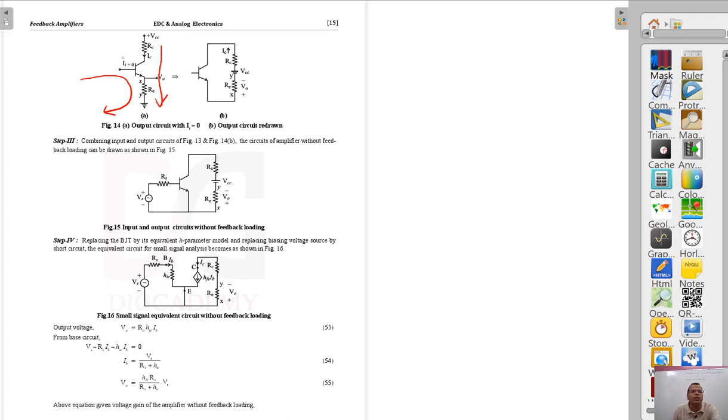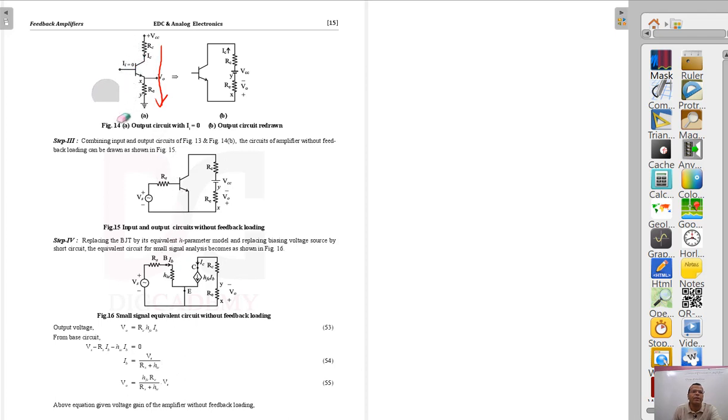For series mixing, I need to set input current equal to 0, which means an open circuit. Input current can become 0 only when the input circuit is opened. So I have opened the input circuit here.